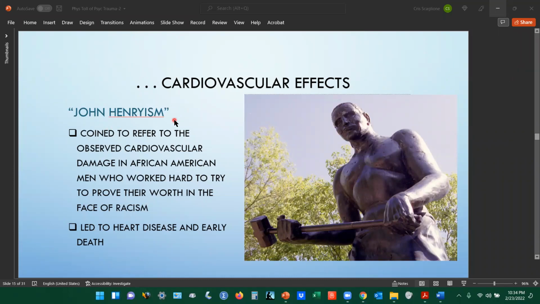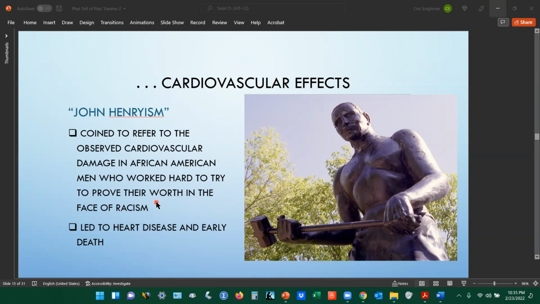So again, cardiac physicians were noticing that African-American men had incredibly high levels of quite damaging heart disease that often shortened their lives by an estimated decade or so. They realized that it was largely due to the fact that not only was there poverty and very hard work, but mostly this epidemic of heart disease was based in the fact that these were people that had to, practically every moment of the day, prove their worth in the face of a steady onslaught of racism.